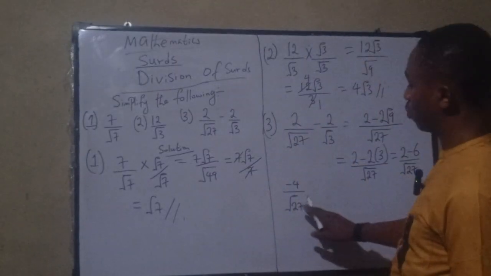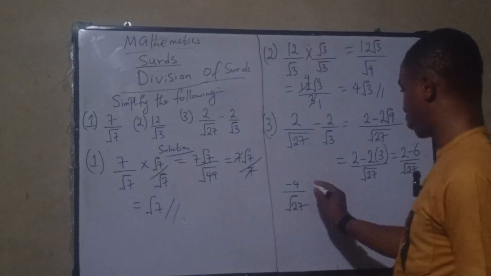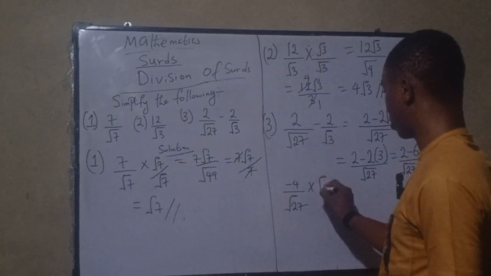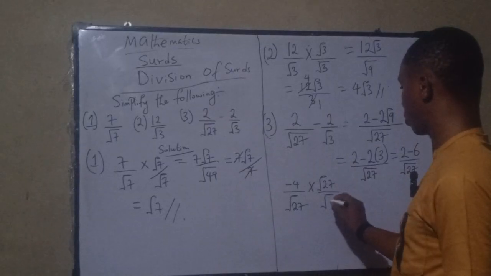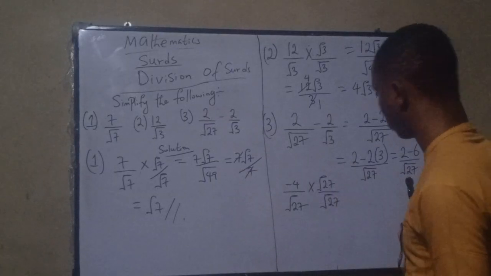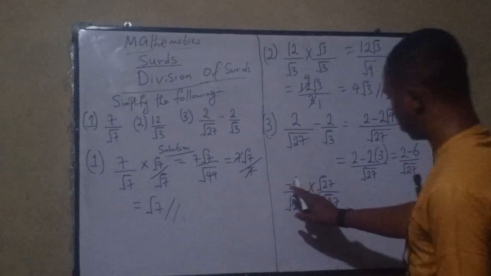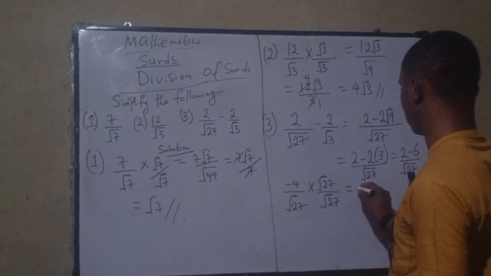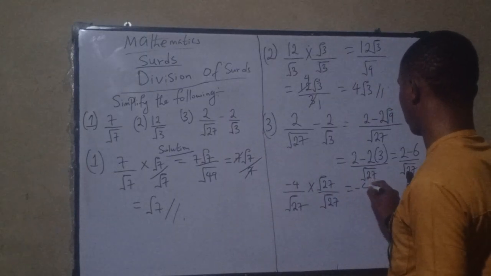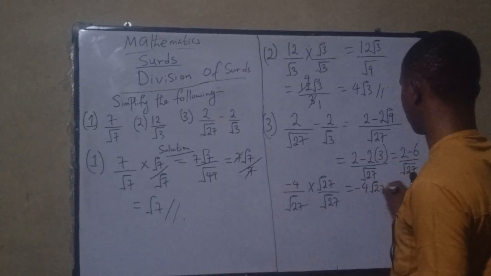We'll apply that rule here. We'll multiply both the numerator and the denominator by this surd, root 27. Minus 4 times root 27 will give you minus 4 root 27.